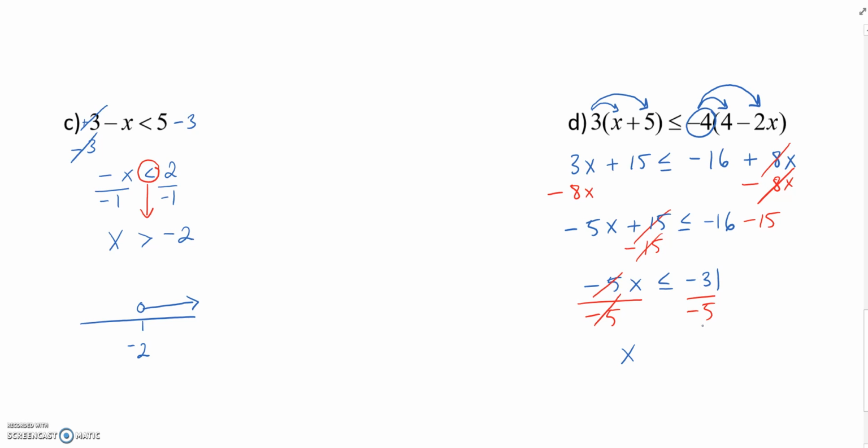And then the two negatives cancel out, but I'm going to leave it as 31 over 5 because that doesn't simplify nicely. And remembering that we need to flip the inequality. Why? Because I divided both sides by a negative sign. Had I not done that, if I just divided both sides by 5, if that was a positive, I could leave the inequality symbol the way it is.